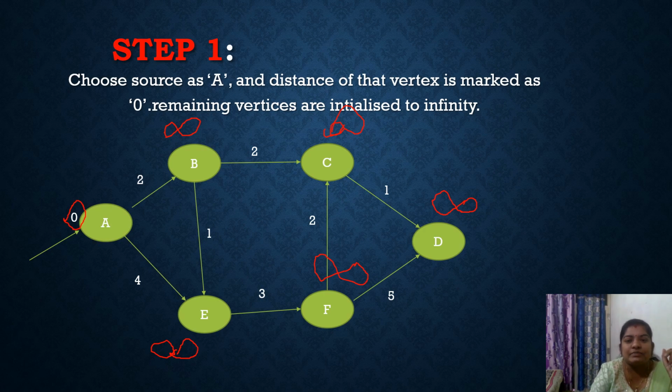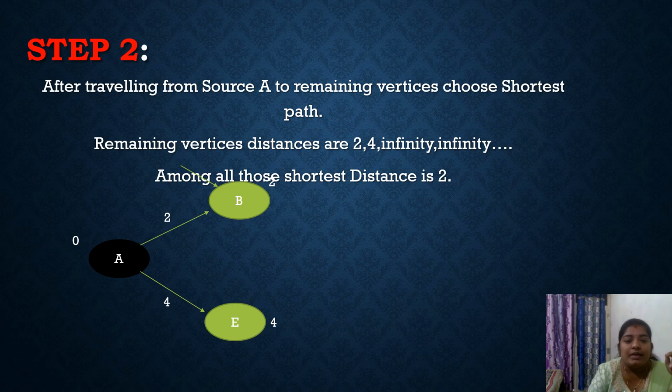And next, we can simply start traversing from source A to adjacent vertices. So what are the adjacent vertices of A? The adjacent vertices of A are B and the next one is E. So what is the corresponding cost?